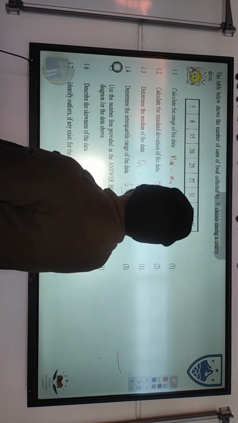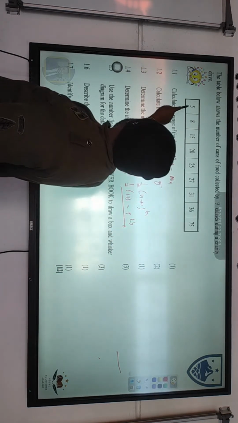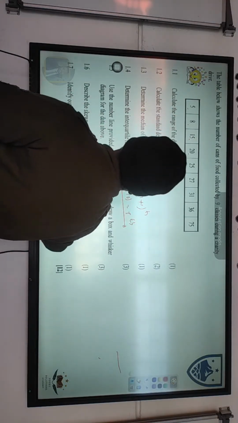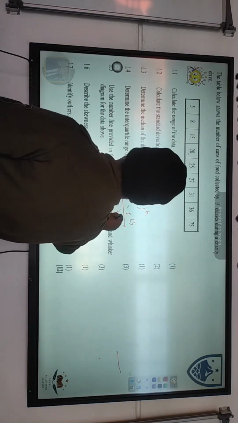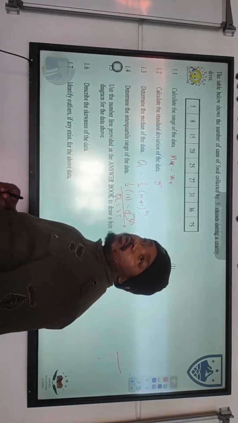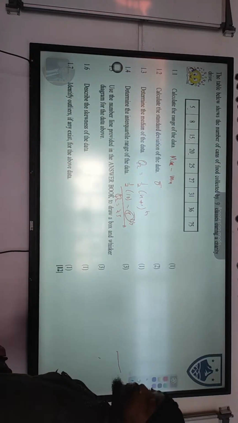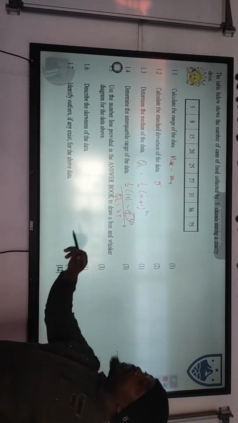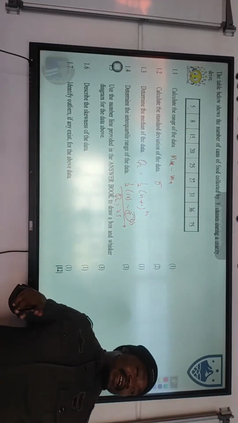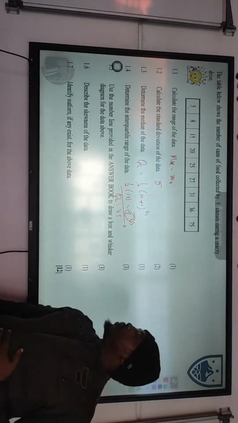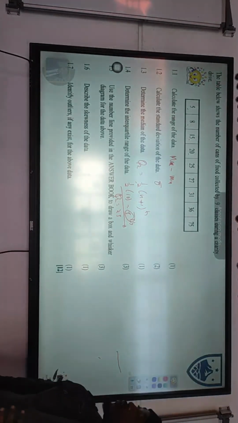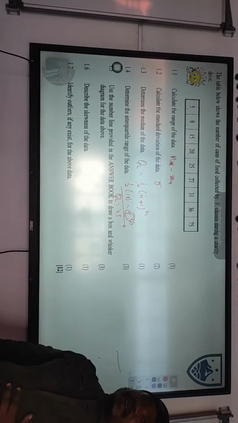That's the position. 1, 2, 3, 4, 5. Don't write 5, you're not going to get a mark. It's position 5. This is just telling you about the direction, the position. So it will be 25.